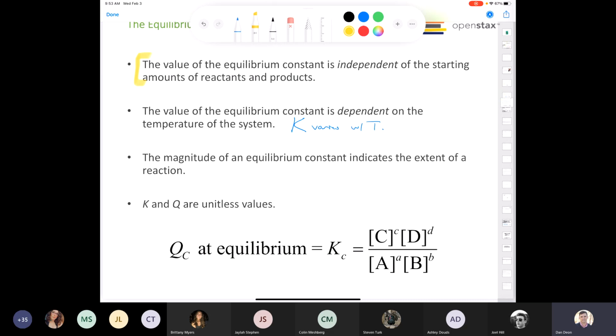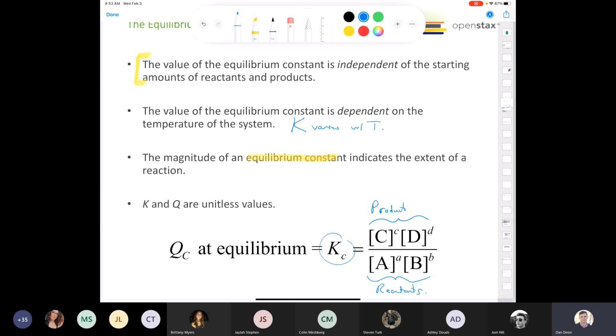And we will look at several examples of that. But the magnitude of the equilibrium constant, the size of it, tells you how much the reaction has progressed. And that should make sense because the numerator are the products, and the denominator represents the reactants.